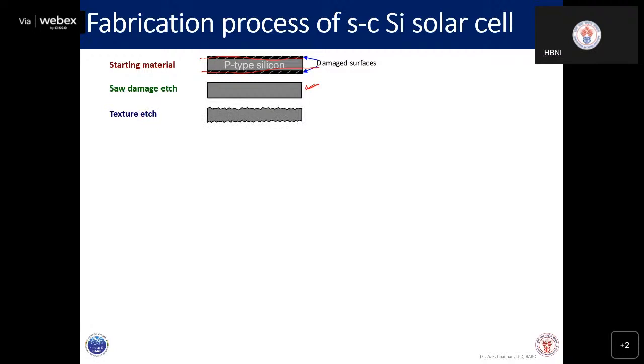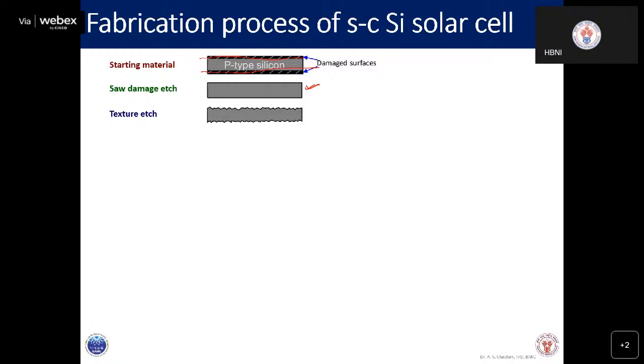Now after that you do texturing. Texturing can be done by different methods, such as sandblasting or some other methods. Texturing is done so that light falls on more area and there is less reflection. So to avoid reflective losses, the textured surface is made.